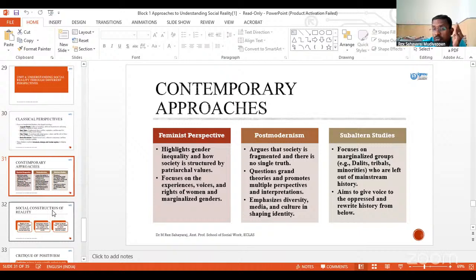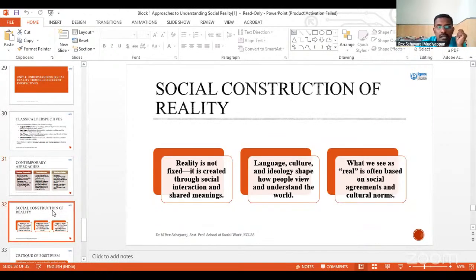It aims to give voice to the oppressed and rewrite history from below, like Dr. Ambedkar, who is the subaltern, or women. Postmodernism argues that society is fragmented and there is no single truth. Feminist perspective is the study of gender and voicing for the women, right?